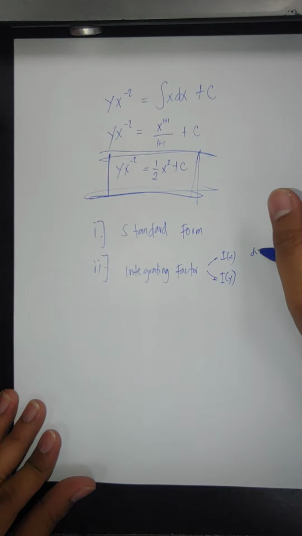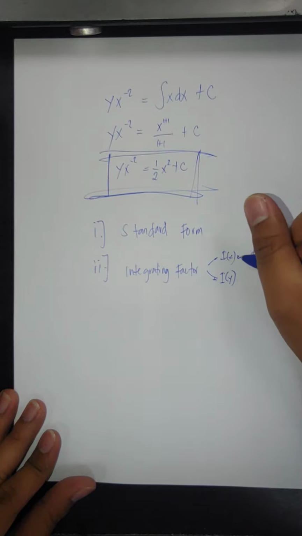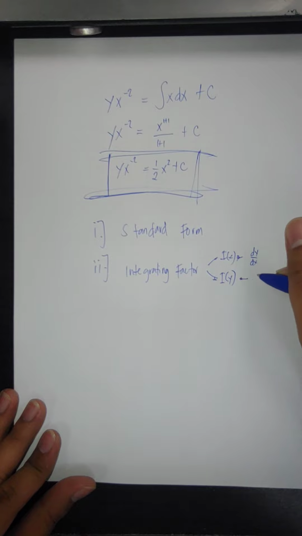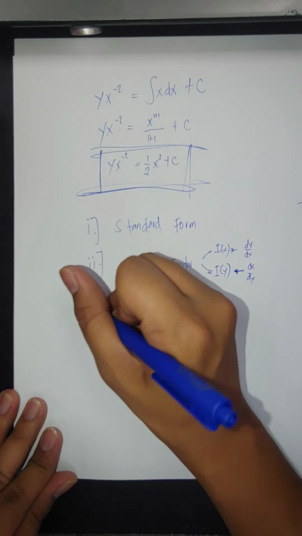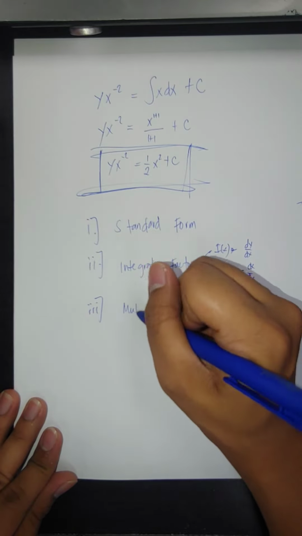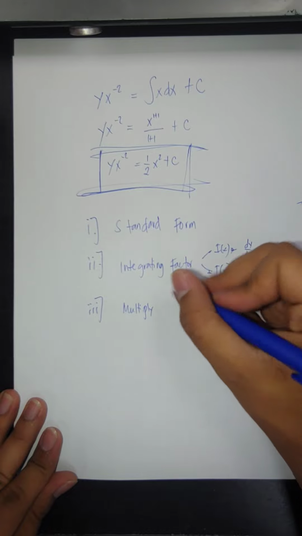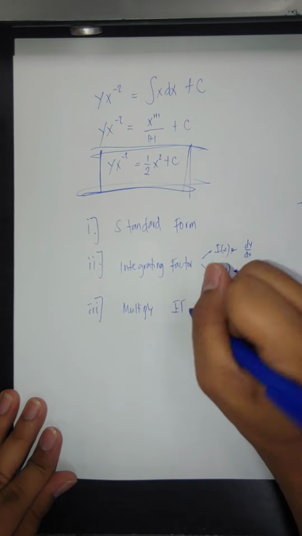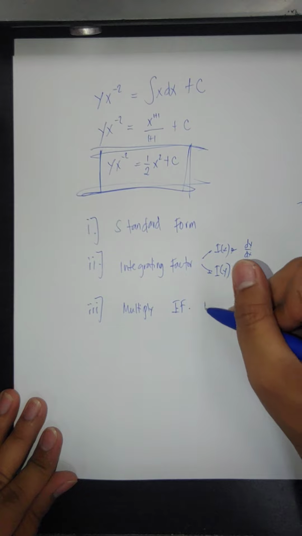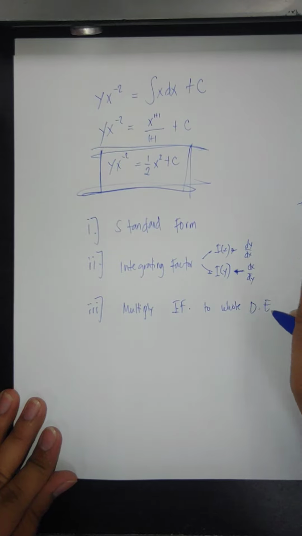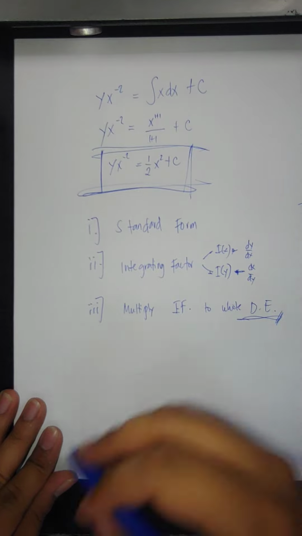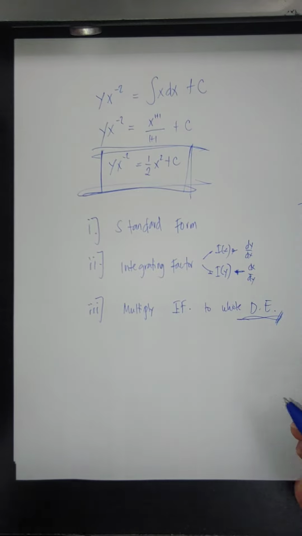If the equation is dy over dx, we get I of x. If the equation is dx over dy, then we get I of y. After getting the integrating factor, multiply it to the whole differential equation, and then you can solve for the general solution.